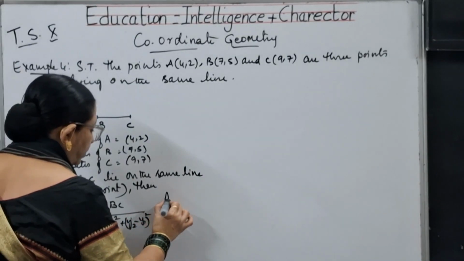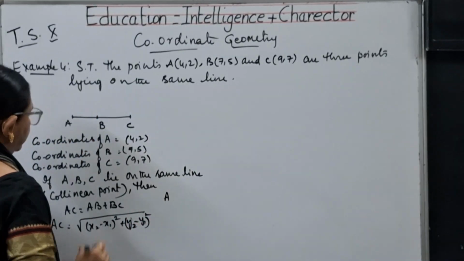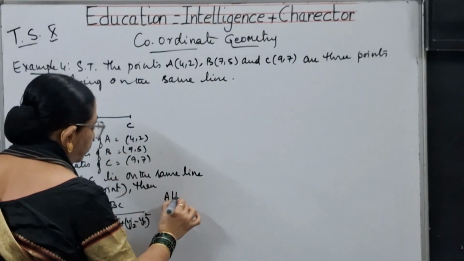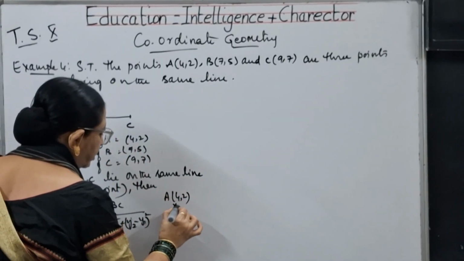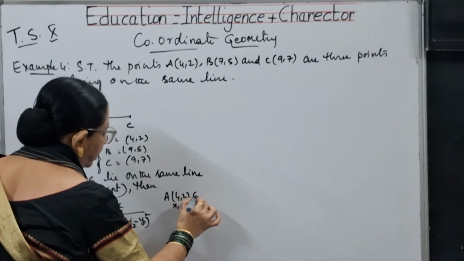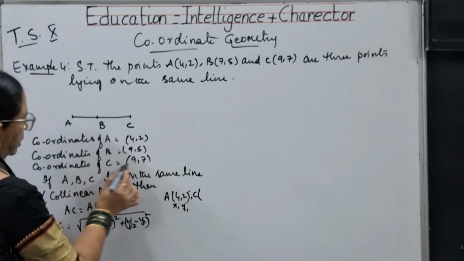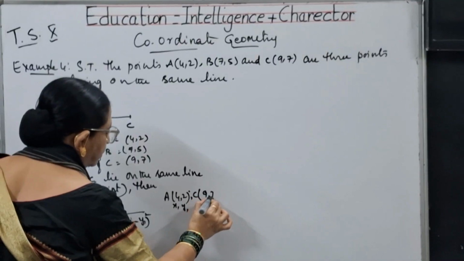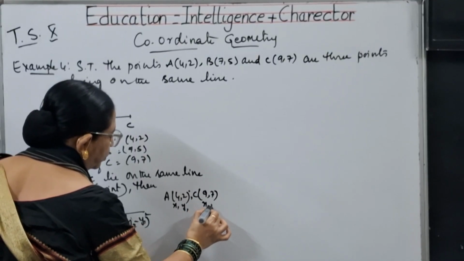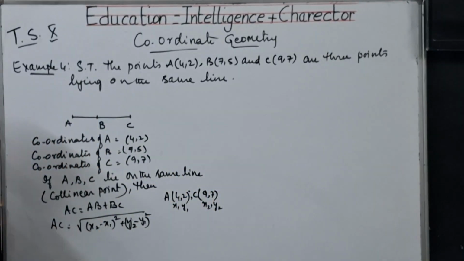So A coordinates are 4 comma 2. I will take them as x1, y1. And C coordinates are 9 comma 7. I will take it as x2 comma y2.